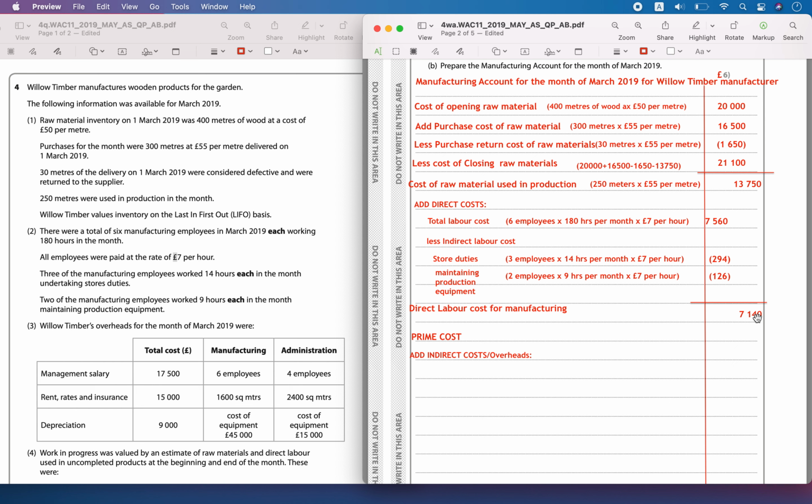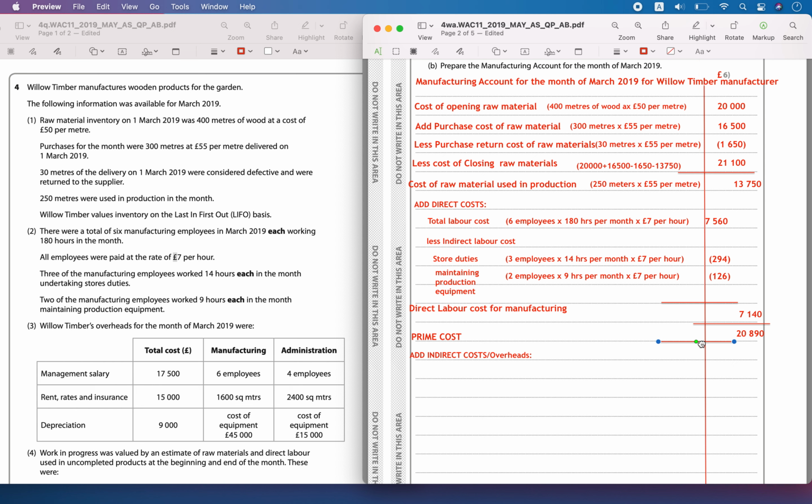Let's add up these two and get the prime cost: 20,890. So this is the prime cost.